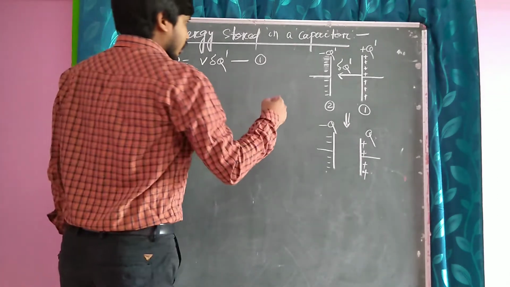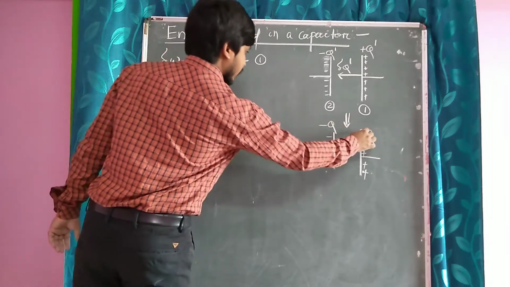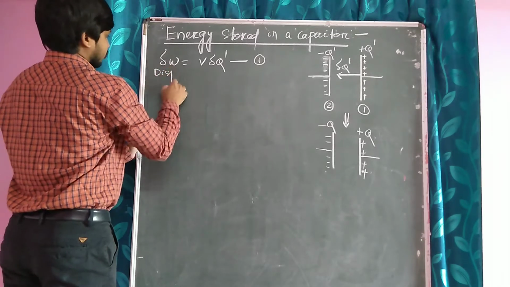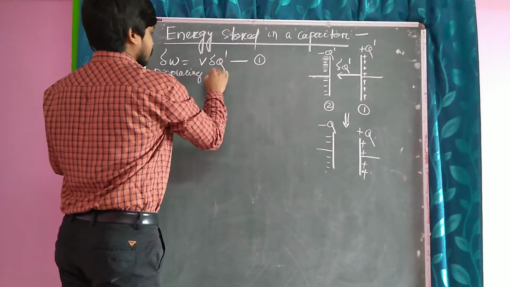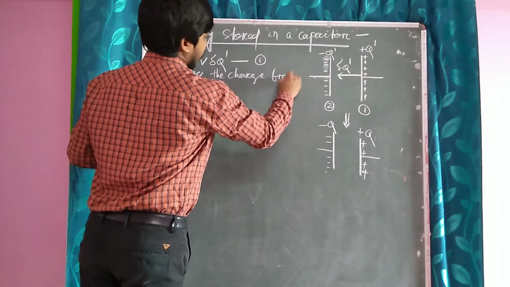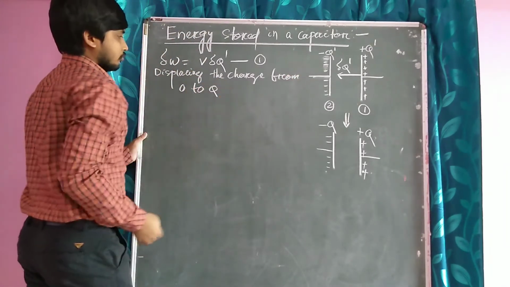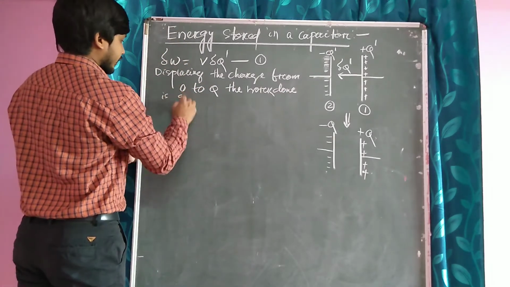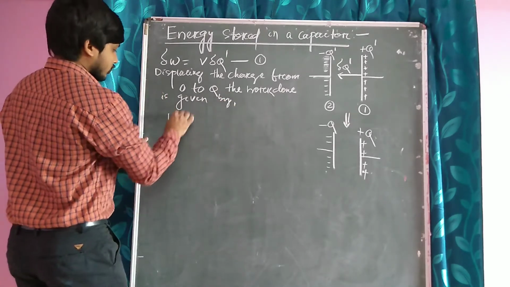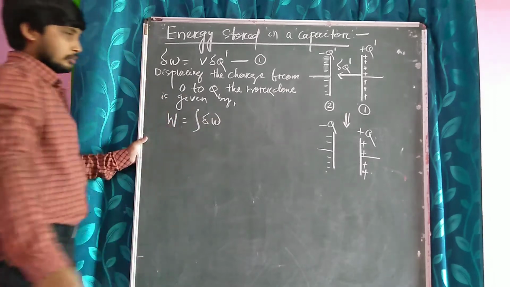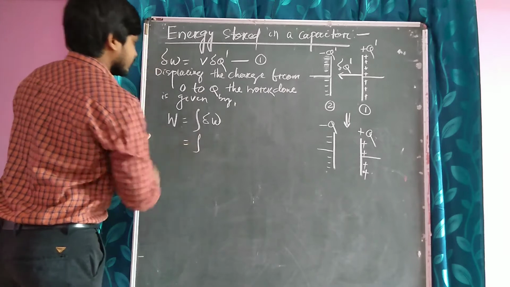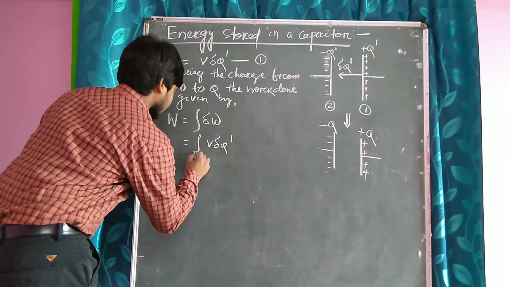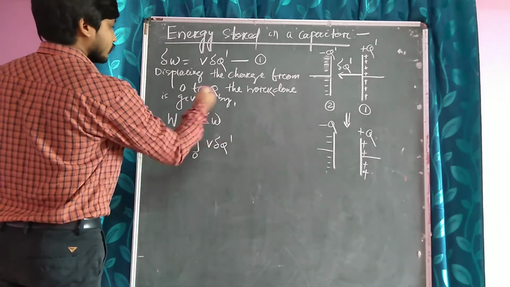Let after some time the charges on the plates become plus Q and minus Q. So in displacing a charge from 0 to Q, the total work done will be the integration over delta W, and that will be equal to the integration over V del Q prime, with the limit from 0 to Q.